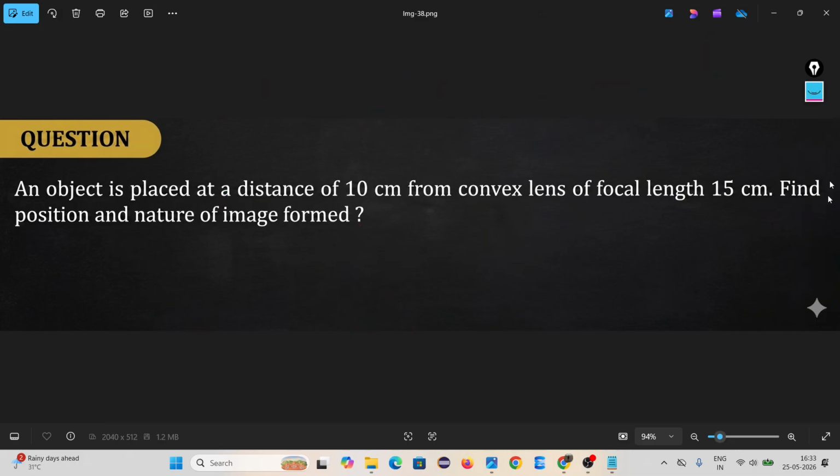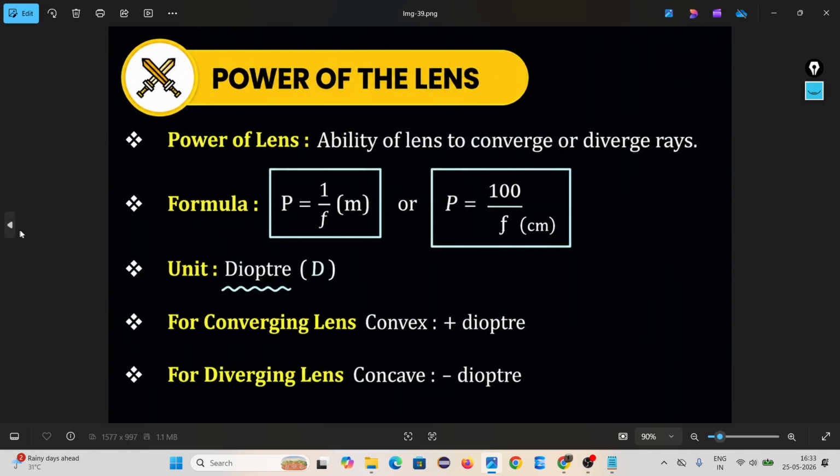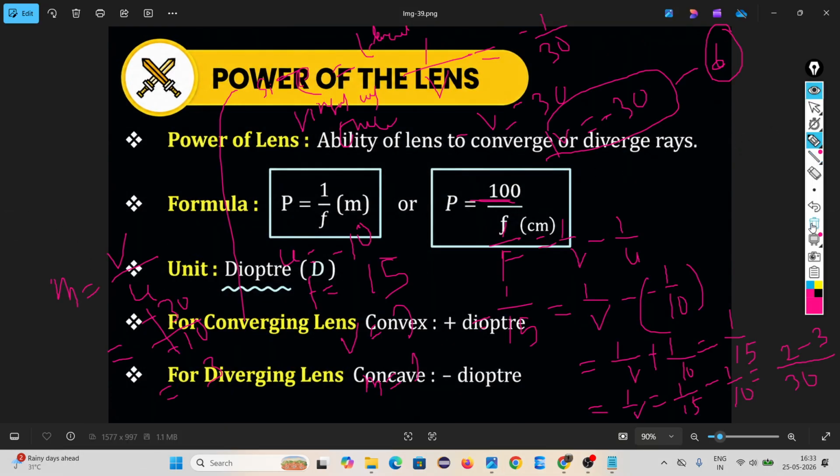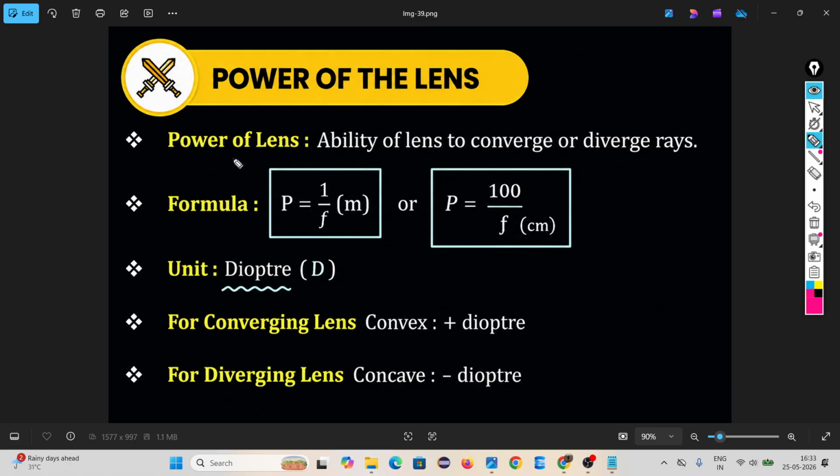Then power of the lenses. What do you mean by power of the lenses? The ability of a lens to converge or diverge rays. When I show you the diagram you will understand. We know in a convex lens the refracted rays are converging, and in a concave lens they are diverging.